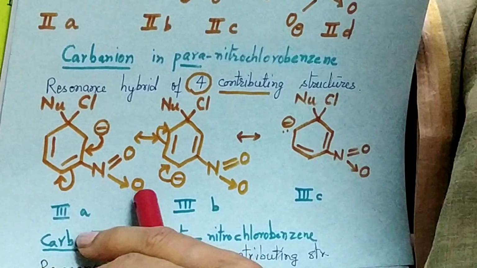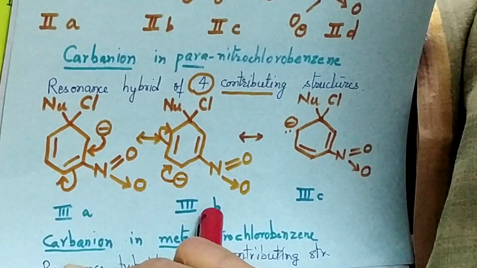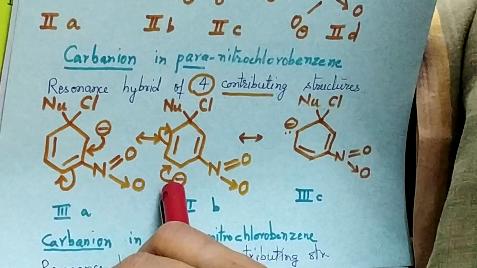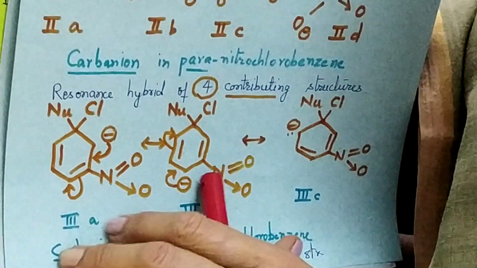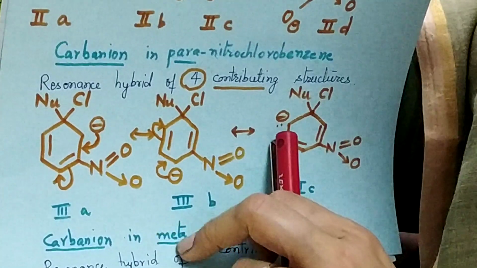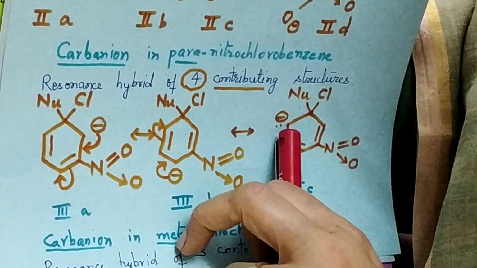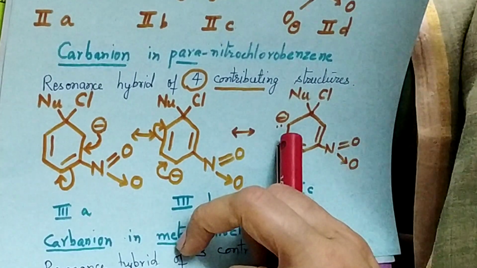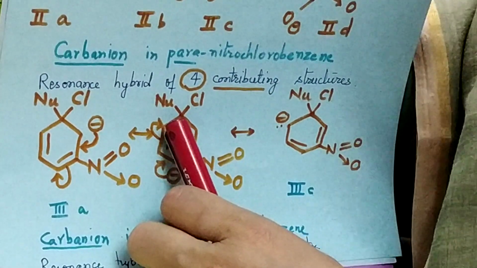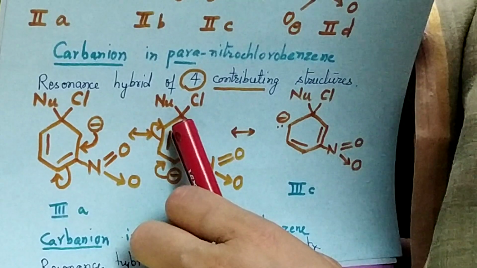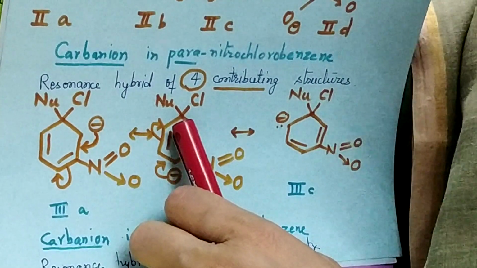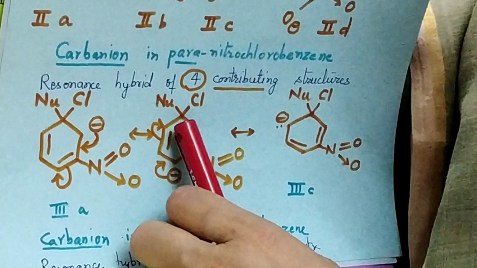This structure 3A further gives rise to structure 3B, a normal structure, and then structure number 3C, again a structure in which the negative charge is present on this carbon, which goes to show that only 3 resonating structures are possible, as in this case there is no situation in which the negative charge goes on to that carbon which is directly attached to the nitro group.